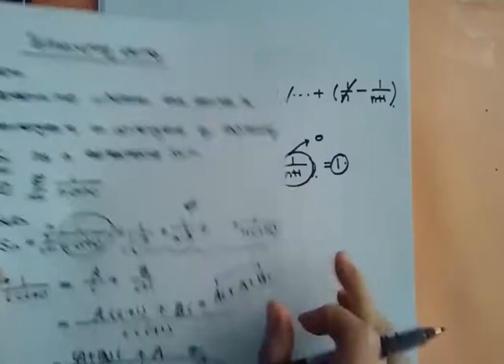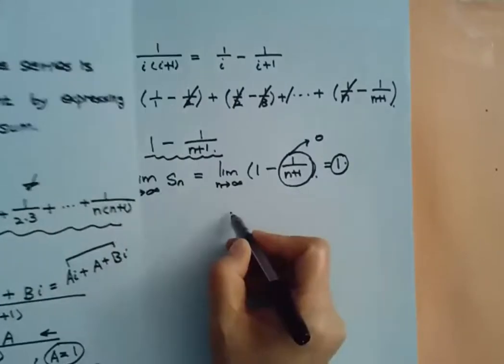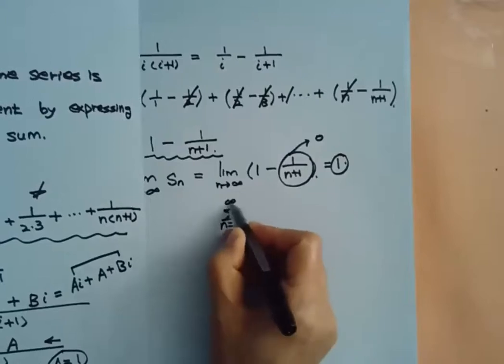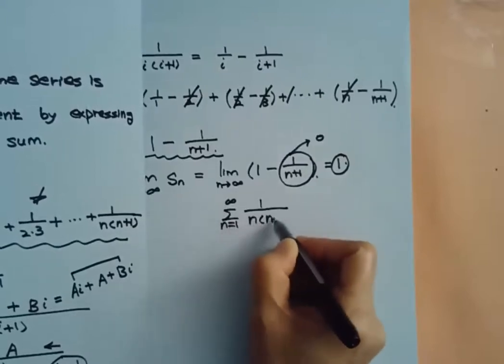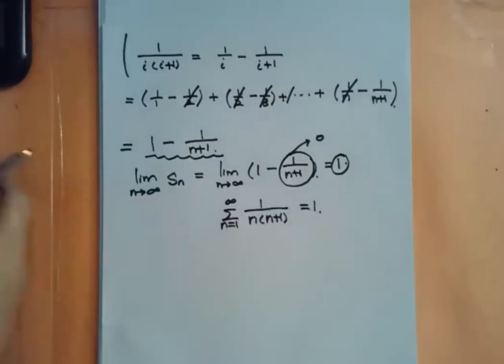So summation n equals 1 to infinity 1 over n times n plus 1 equals 1. Any question?